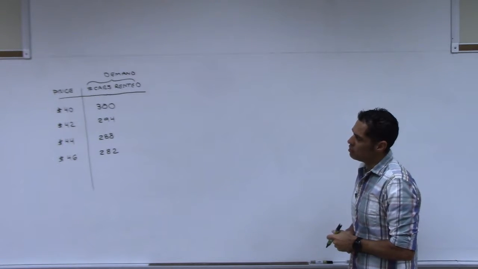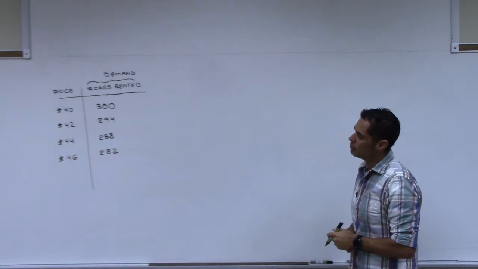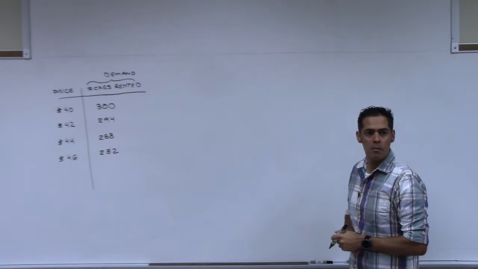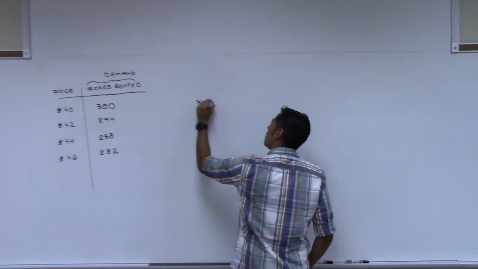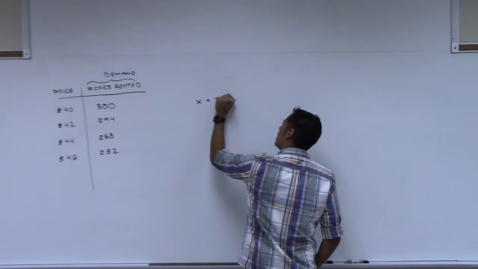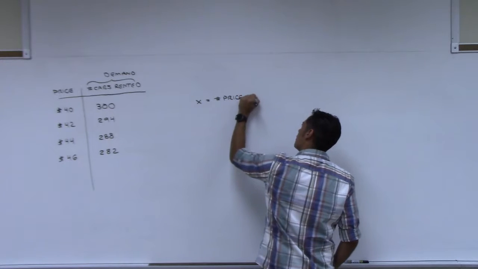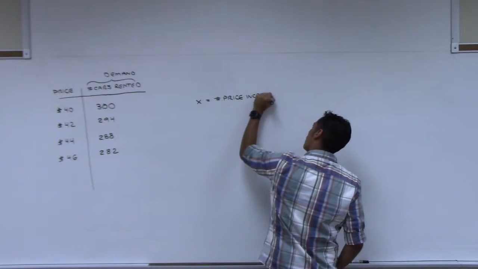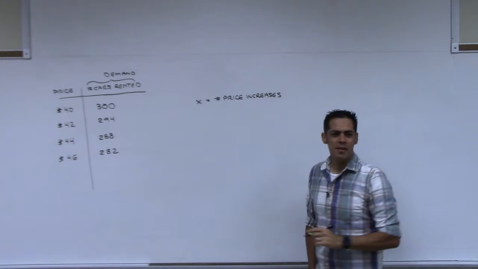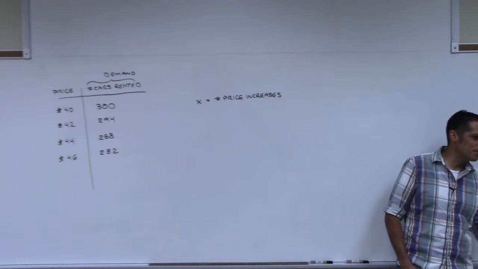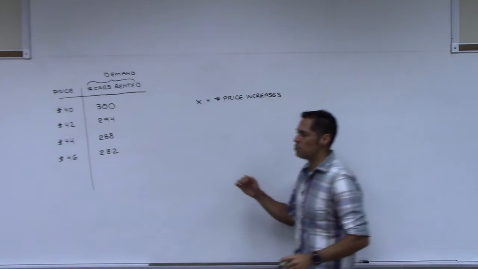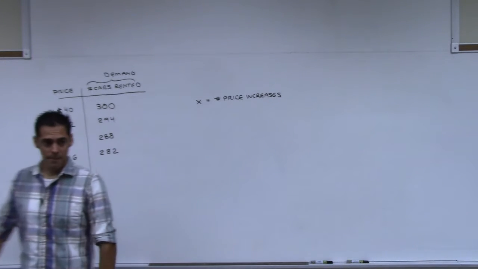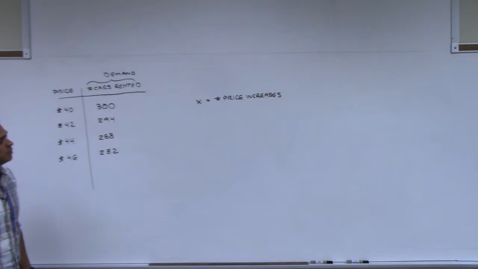What will our equation look like? Okay, good. Remember, X is going to be equal to the number of price increases. That was the key: X was not the number of cars or the price or anything like that. X is how many price increases we should do, right? All right, so what now?